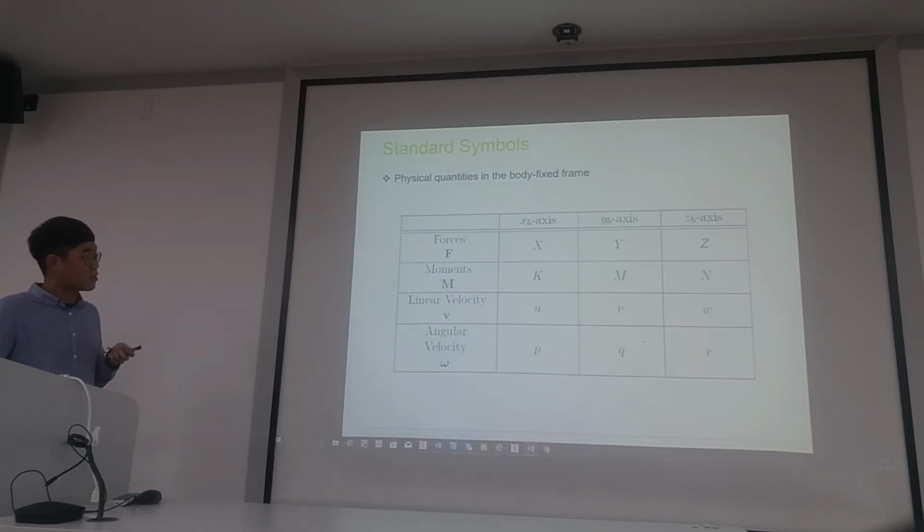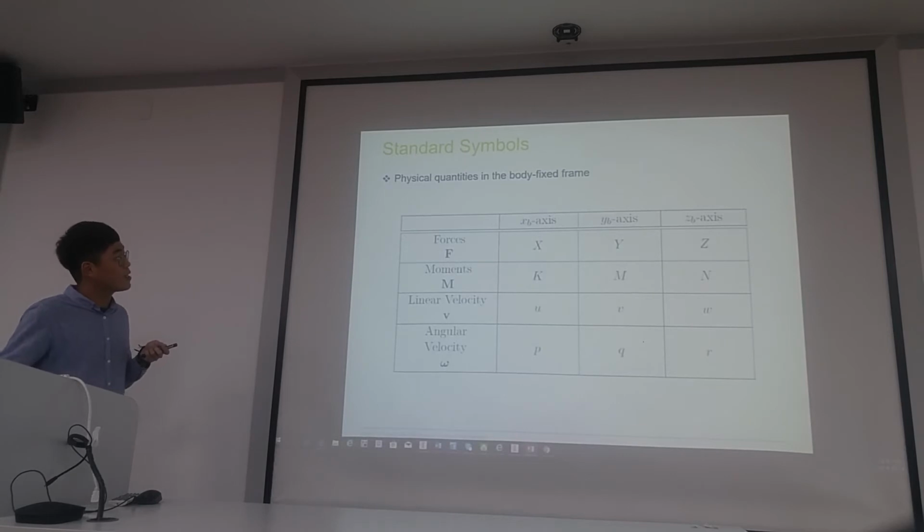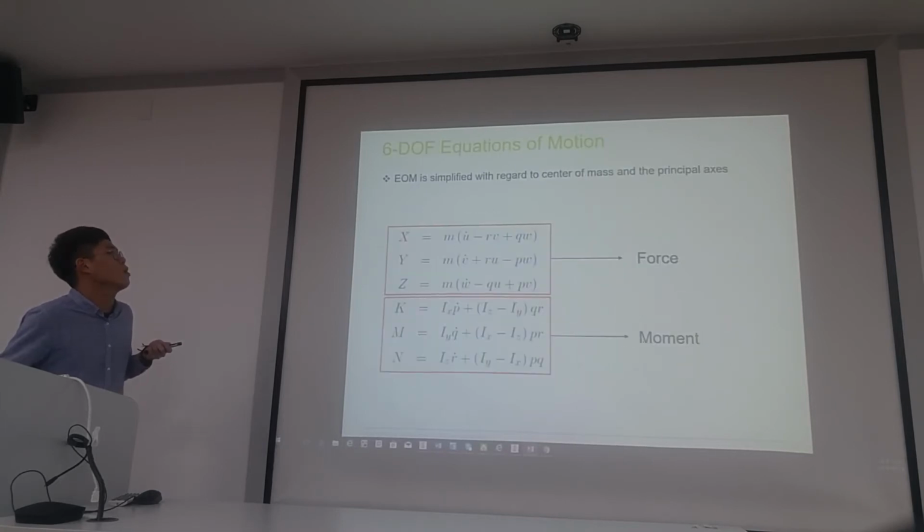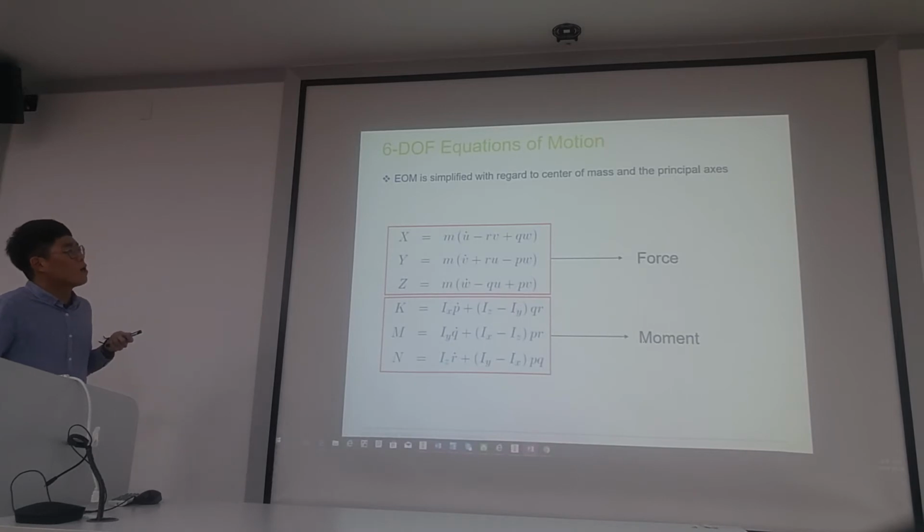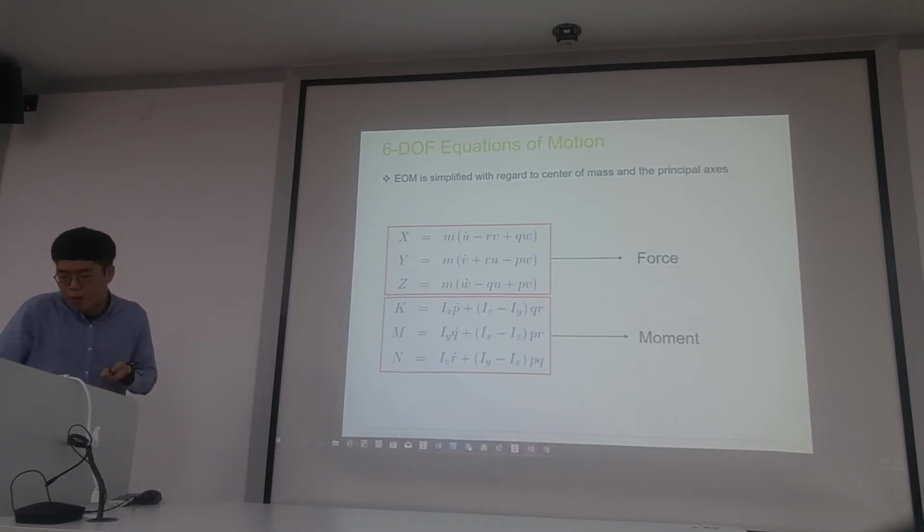For the calculation, there are many symbols, and usually we use standard symbols. These quantities are usually measured in the body-fixed frame. From the standard symbols, we can simplify the total equation of motion like this.